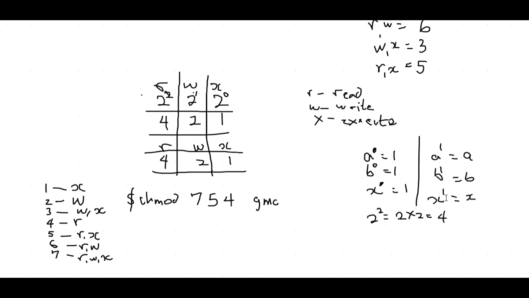Users, followed by the group, followed by others. So what does this permission mean?